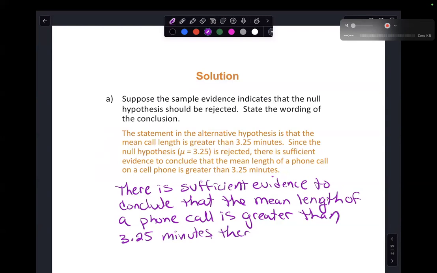Therefore, we reject the null hypothesis.